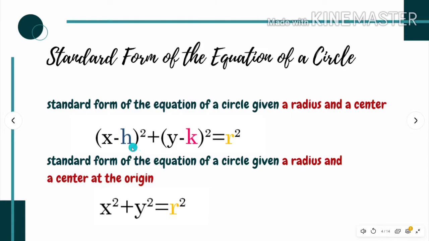Here, h and k are the coordinates of our center, and r is our radius. On the other hand, if we have a radius and a center at the origin, we follow this equation: x squared plus y squared is equal to r squared.